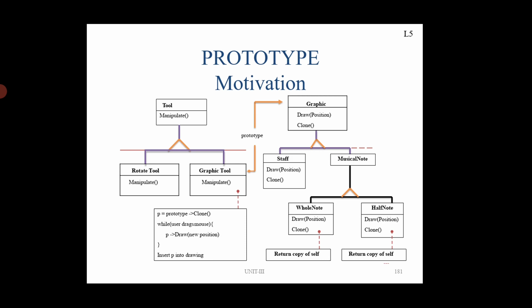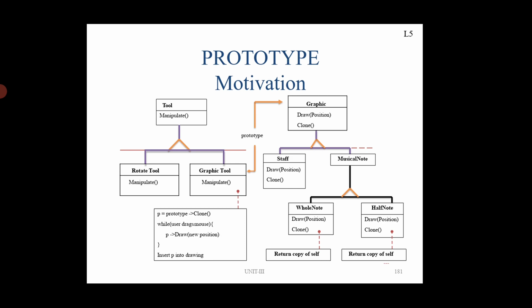Let us look at the prototype. The side diagram shows graphic, in the sense we need to draw the position, and then copy, in the sense of the clone function. In that graphic class we take two subclasses here, staff and musical note. But graphic tool presents a problem to the framework designer.